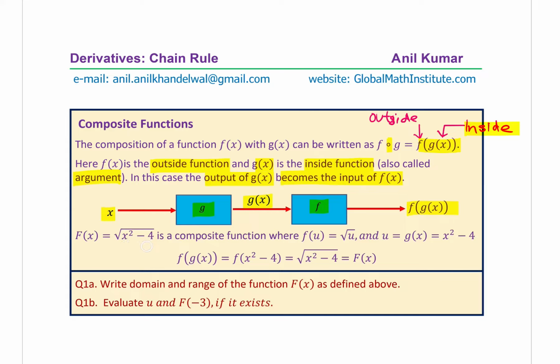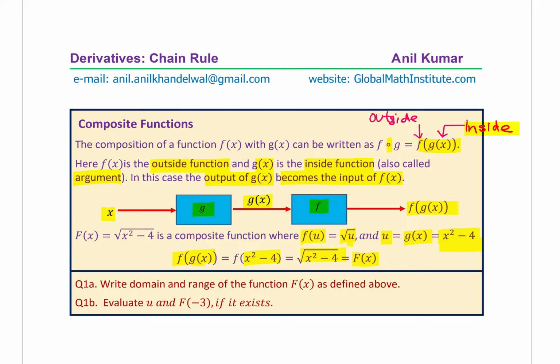You get the idea, right? So I'm writing u as g of x. So we have a composition f of g of x where g of x is x squared minus 4 as written here. So it becomes f of x squared minus 4, which you could write as square root of x squared minus 4, and that becomes the function itself. So you can see how we are actually looking at the composition of functions.